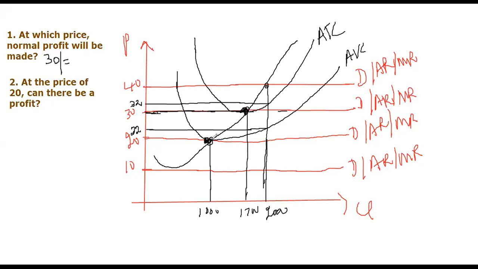Where is the ATC? For profit to come, AR must be above the ATC, no? At 20, where is the ATC? ATC is above. The revenue is less than the cost. What's that? It's a loss. So at the price of 20, can there be a profit? No, impossible. Because revenue is less than cost.